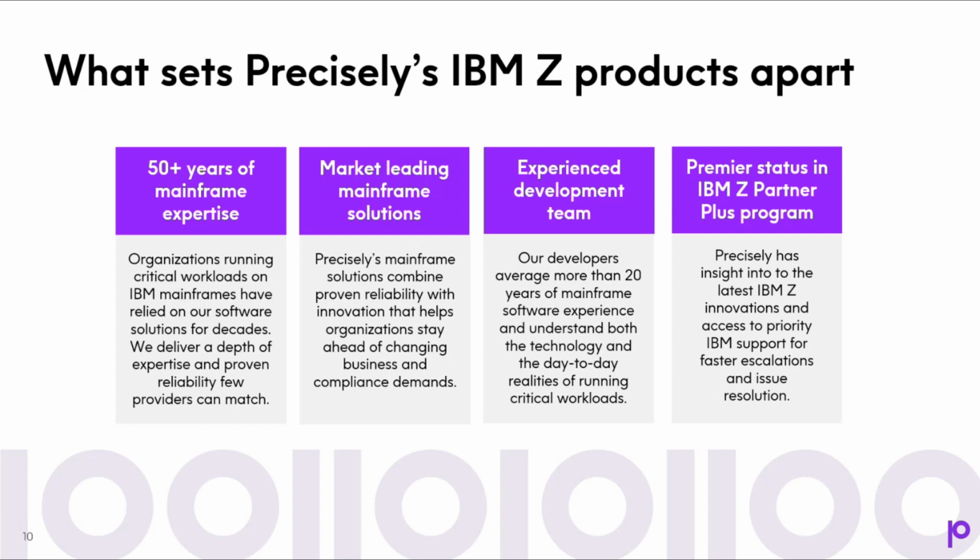So, when you put all of this together, this isn't about introducing something new to your environment. It's really about solving very specific cost and operational challenges in a way that works with what you already have. And that's really why we see customers start here. It's one of the lowest risk, highest impact ways to optimize your IBM Z environment.